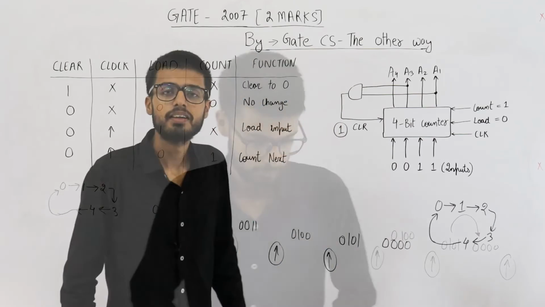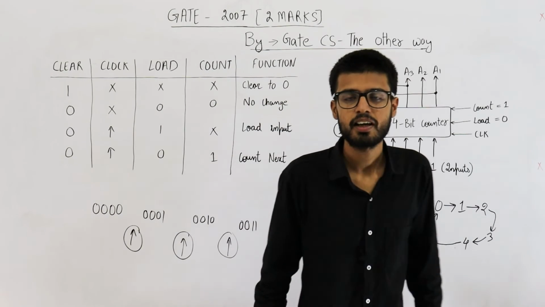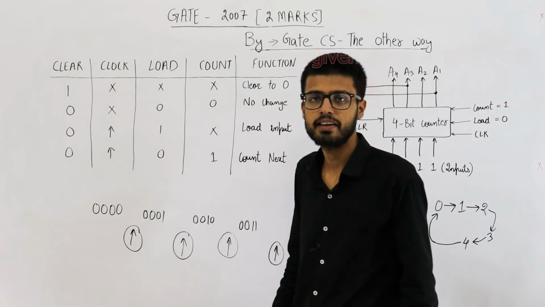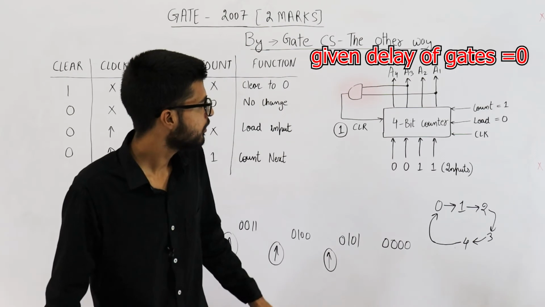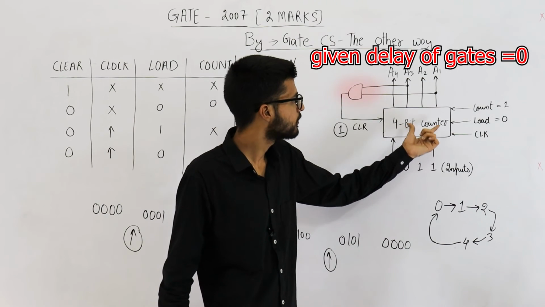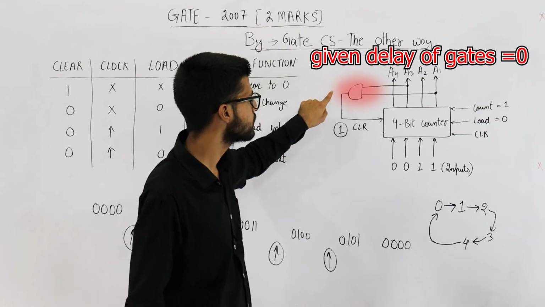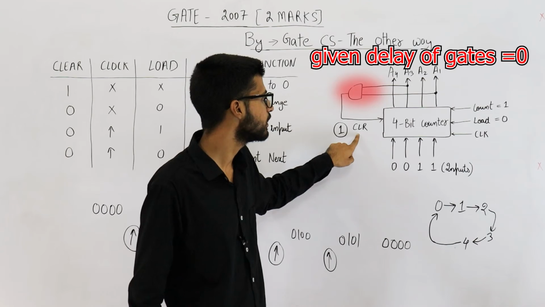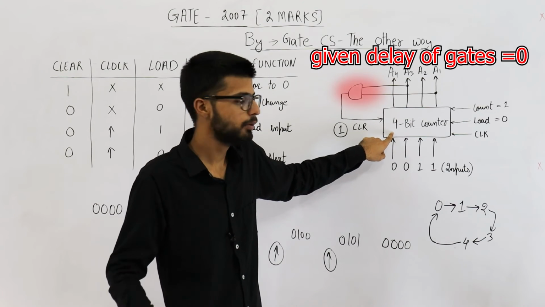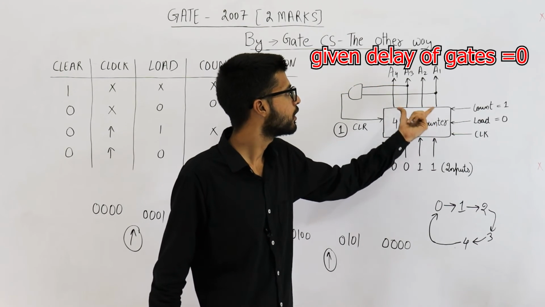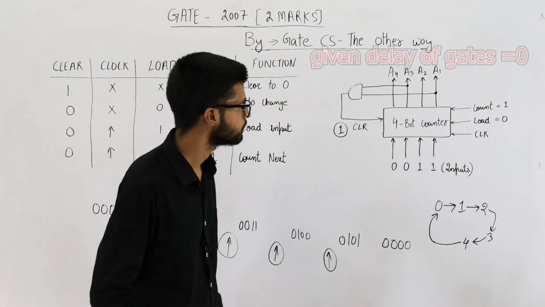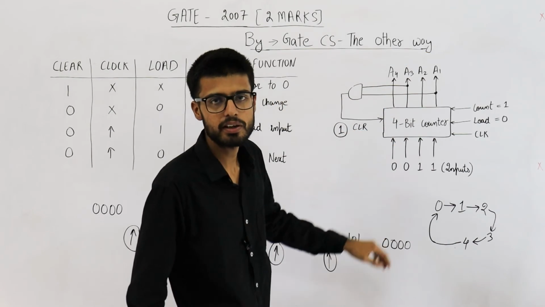Yeah, so I forgot to mention one thing. In question, they are saying that gates have negligible delay. That means as soon as output of this counter becomes 5, immediately at that time only this gate will start outputting a 1. So clear signal is 1 and immediately this counter will make the output 0 again. So this will happen very quickly.